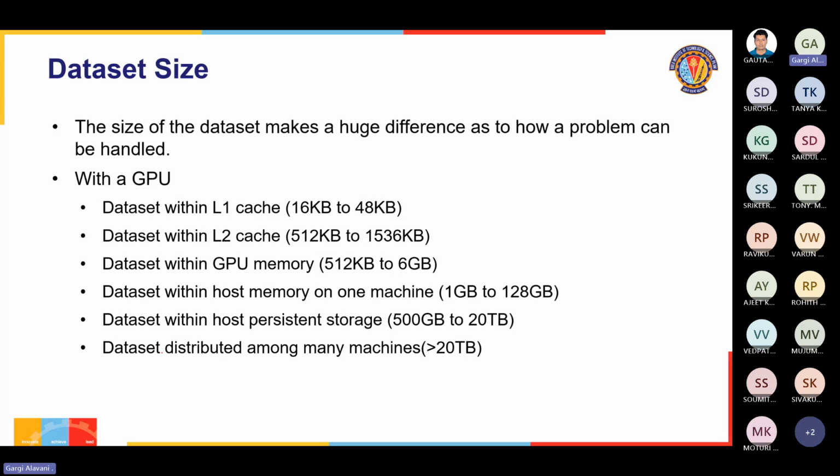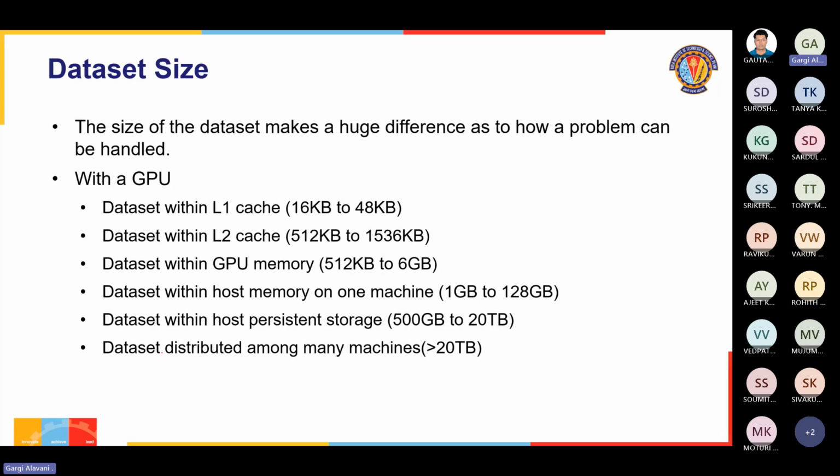So dataset size is also a very critical factor in terms of the performance that you can get on your GPU. If the dataset can fit within L1 cache, that is 16 KB to 48 KB, it has the least latency, so it can be executed with the best performance because of very little latency due to memory access.